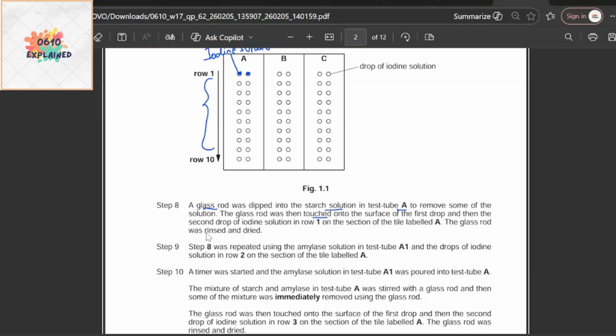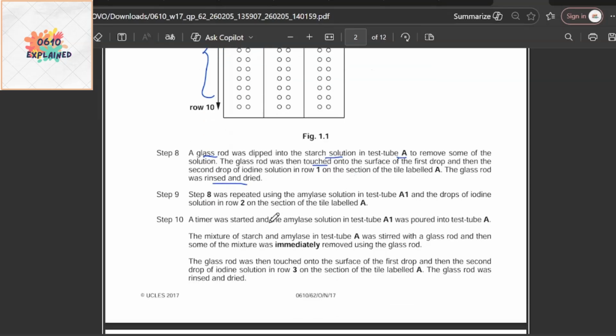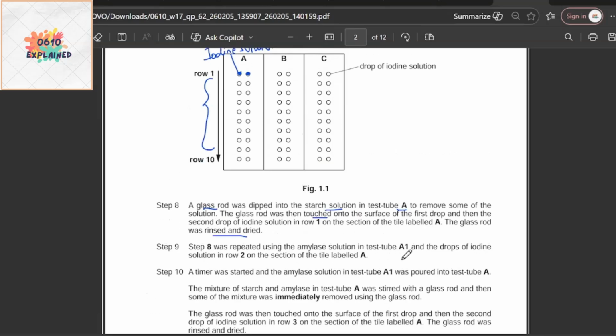The glass rod was rinsed and dried, so this was a precaution that they had taken so that there is no contamination. Step 8 was repeated using the amylase solution in test tube A1 and the drops of iodine solution in row 2 on section of the tile labeled A. So here in the second section, along with the iodine solution, they have also added the amylase solution.